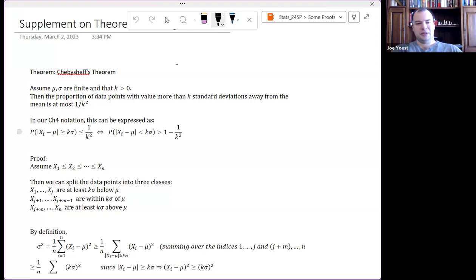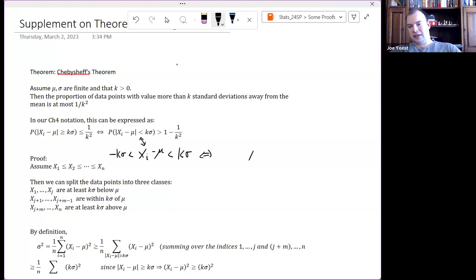So if I'm looking at the probability that that distance is bigger than or equal to k sigma, the complementary event is that that distance is less than k sigma. In other words, what we're saying here is that xi minus mu is less than k sigma and bigger than minus k sigma.